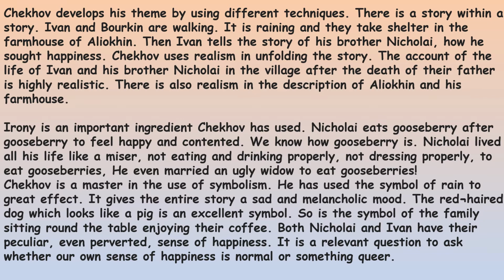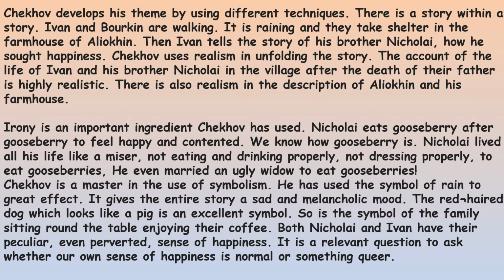Chekhov uses realism in unfolding the story. The account of the life of Ivan and his brother Nikolai in the village after the death of their father is highly realistic. There is also realism in the description of Alyokin and his farmhouse.